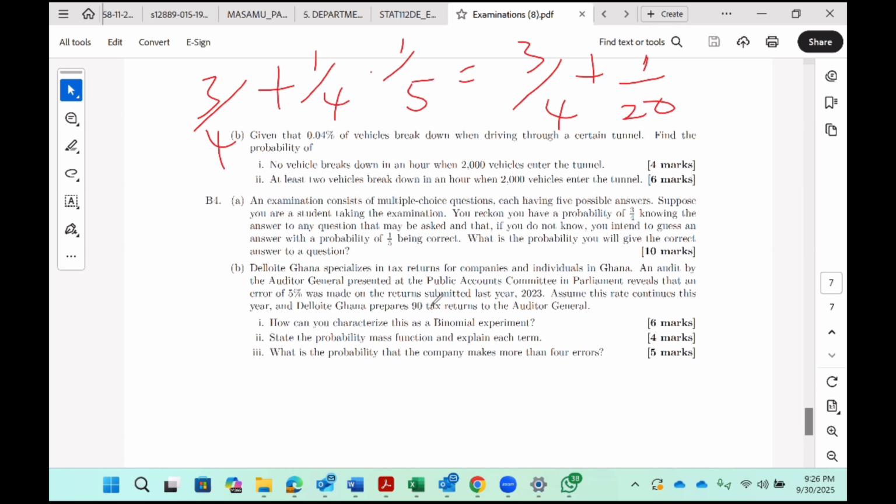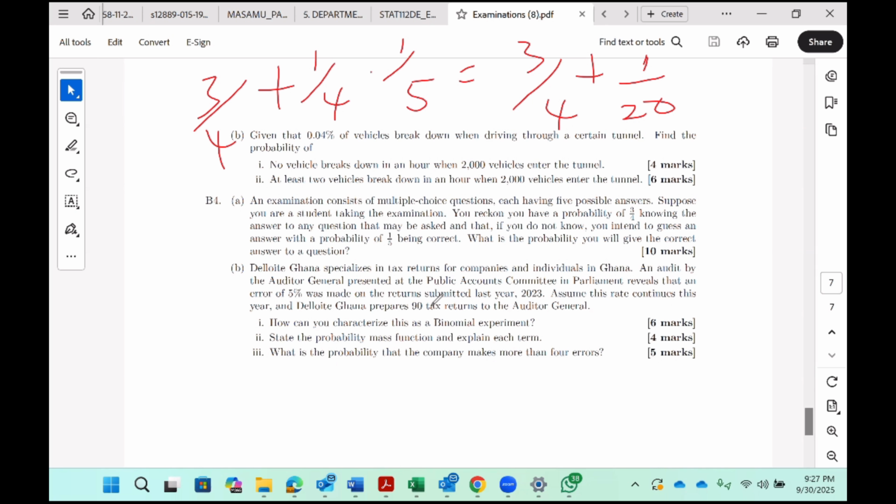If you're able to do that, then you can now write your binomial. You can characterize it as a binomial experiment by listing out the independence, the two possible outcomes, an error and not an error, then the constant percentage of an error and of not an error.